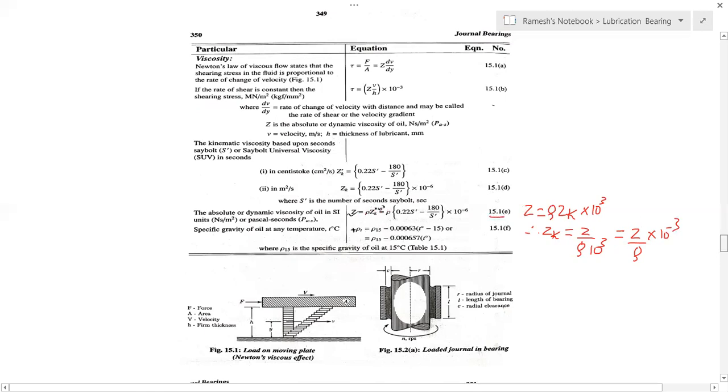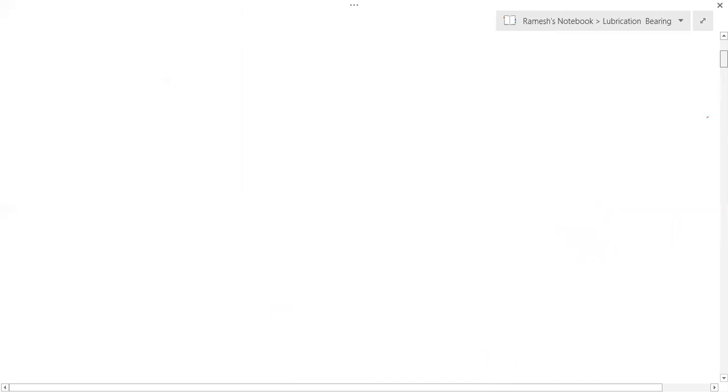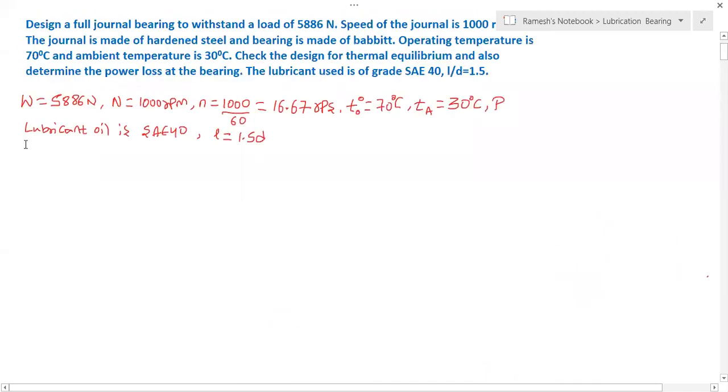Therefore, we know that from equation, kinematic viscosity is equal to dynamic viscosity divided by rho into 10 raised to minus 3.